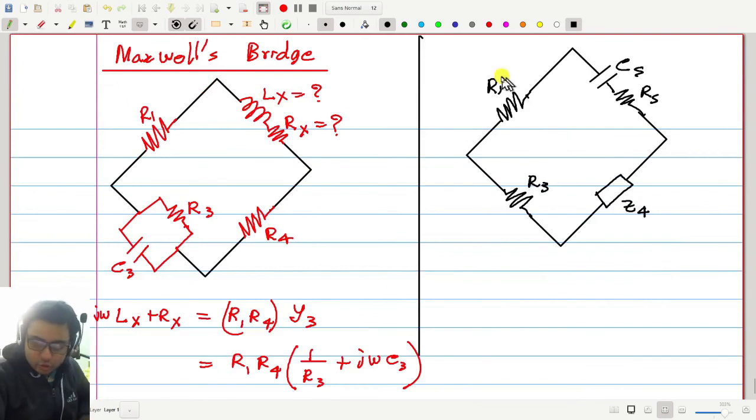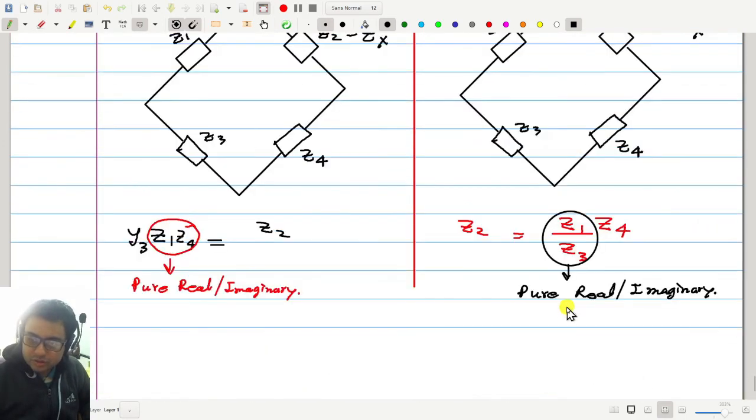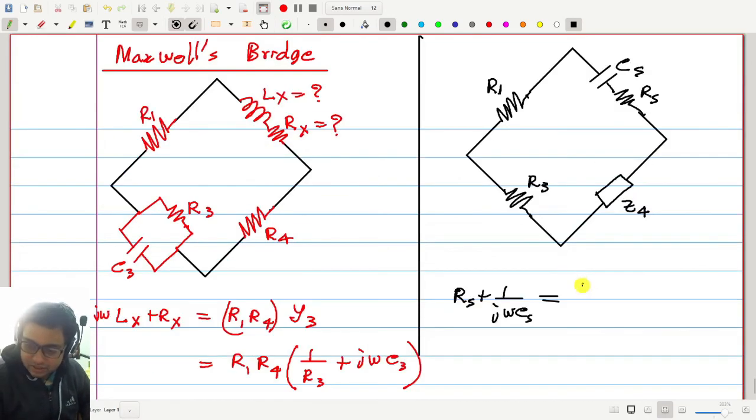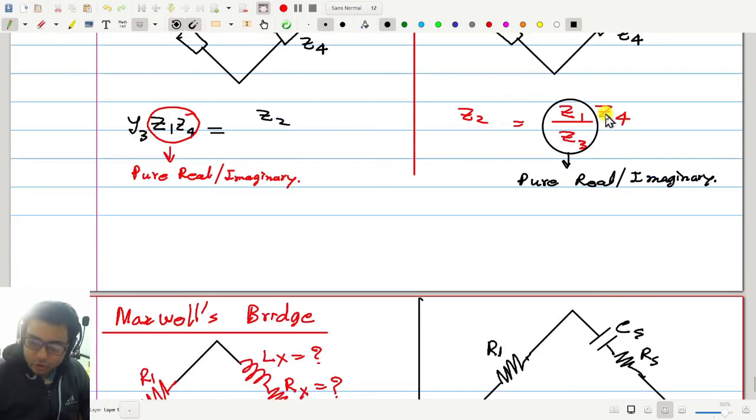Even other ways I could do, but I don't want to go to that complexity at the beginning. So now I will write this impedance Rs plus 1 by j omega Cs. This is equal to Z1 by Z3, that is R1 by R3, multiplied by Z4.